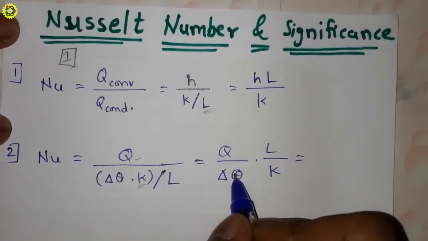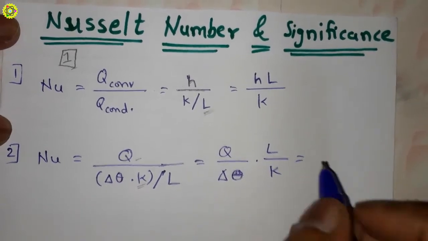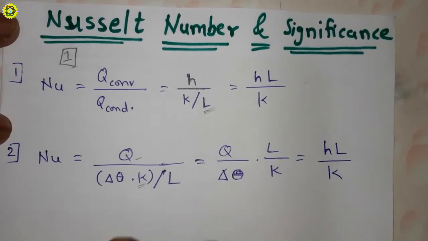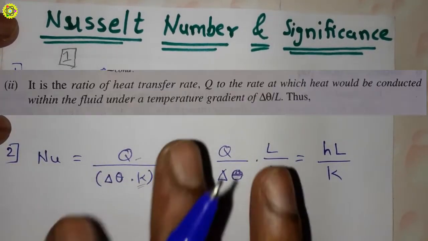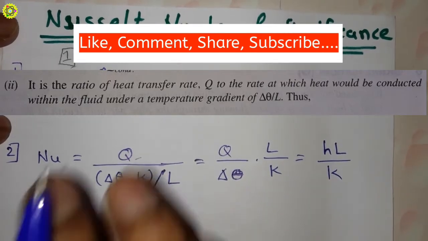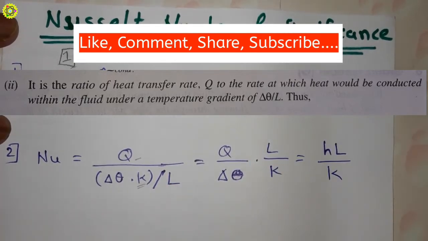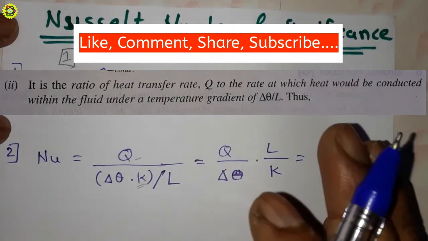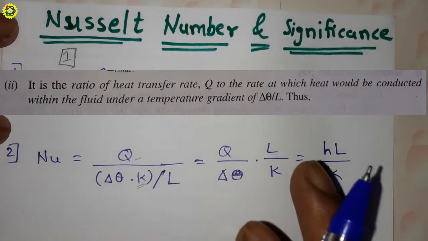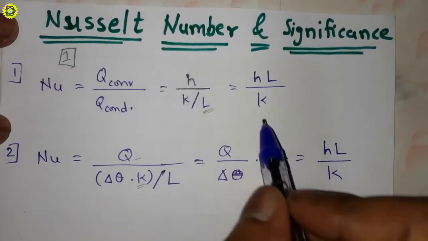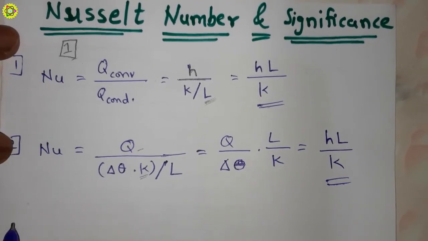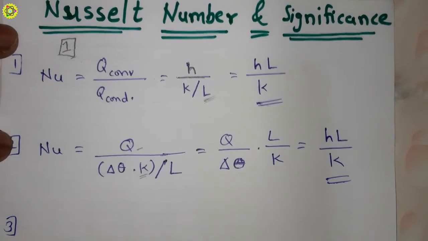Q upon del theta becomes H, and then L and K. So the second definition is the ratio of heat transfer rate Q to the rate at which heat would be conducted within the fluid under a temperature gradient of del theta upon L, and this is our formula.